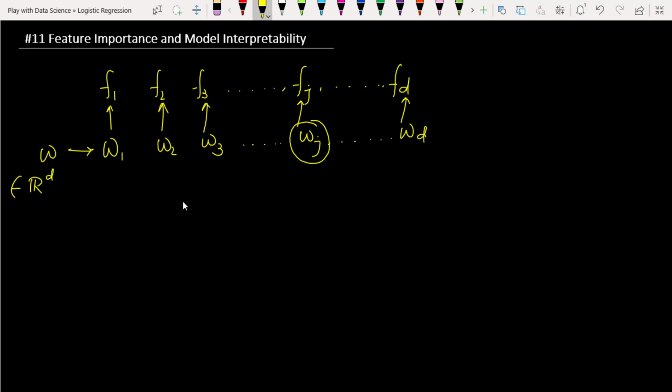Now here our assumption is that all our features are independent.